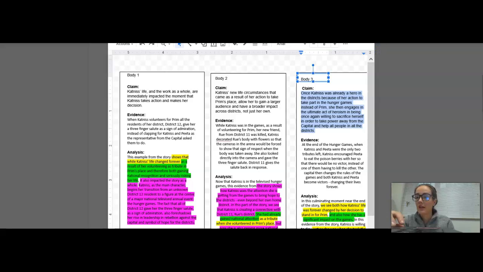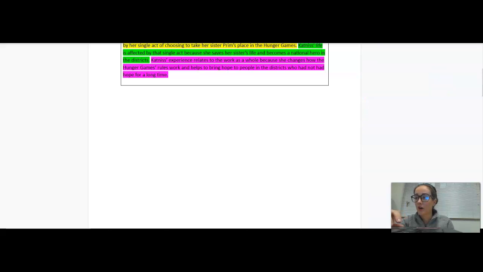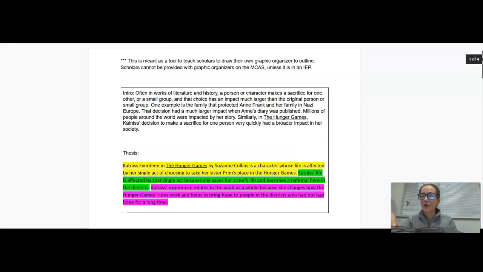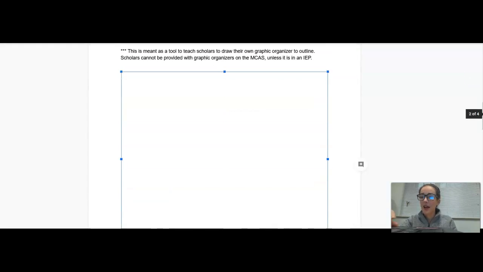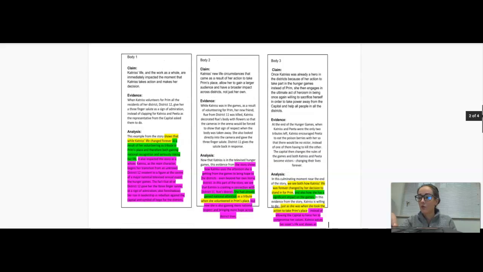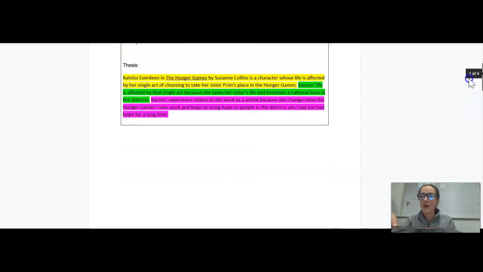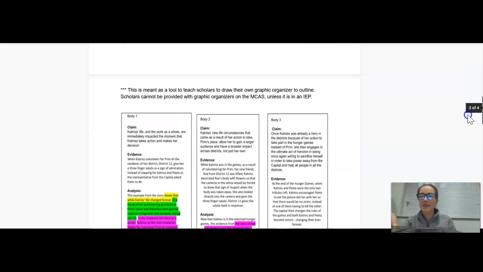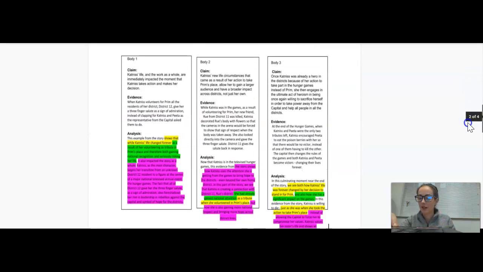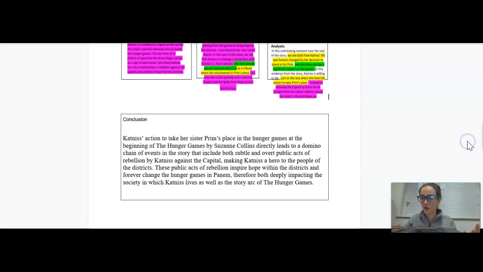The good news is that once you finish this part, you have basically written your long composition, and the only thing that's left to do at that point is to review it and make revisions, and then you're done. You've got the intro with the thesis, the 3 body paragraphs with claim, evidence, and analysis, and your conclusion.